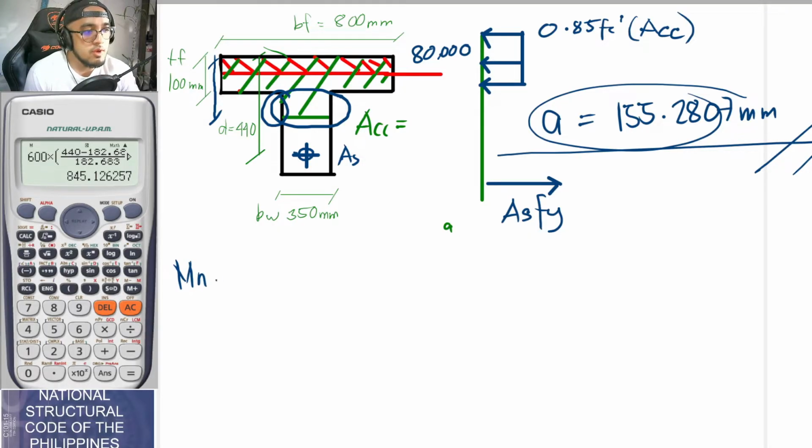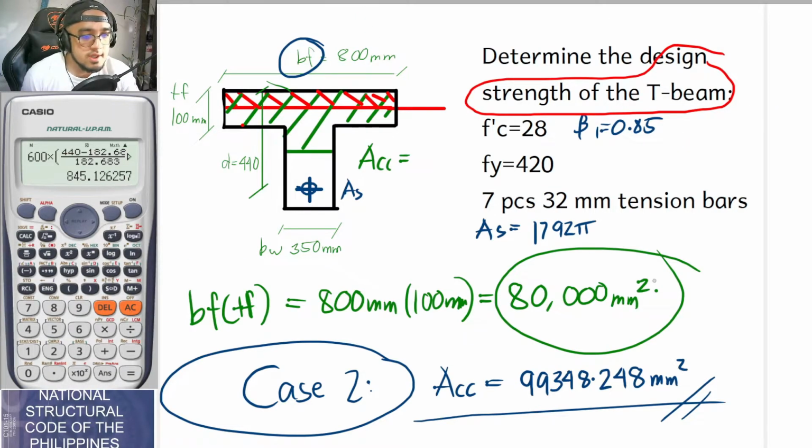For this value, we will just be getting the moment about a certain point, and I want that certain point to be this. So this is now equal to 0.85 F prime C ACC times, of course, your lever arm. So this is 0.85 times F prime C, which is 28, times ACC. I forgot what our ACC is. That is 99348.248.